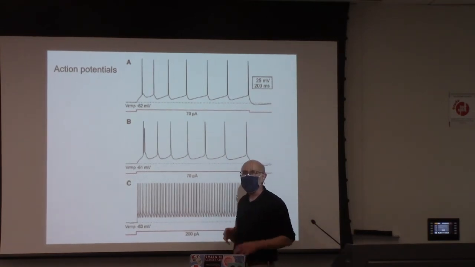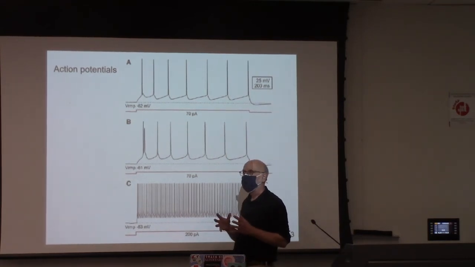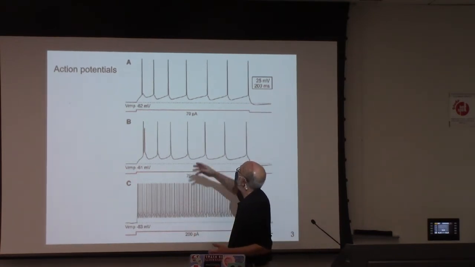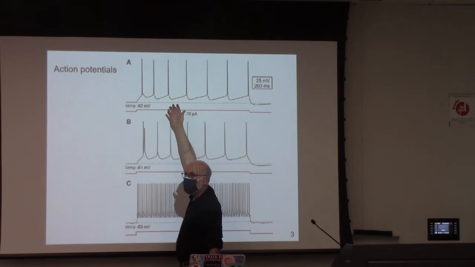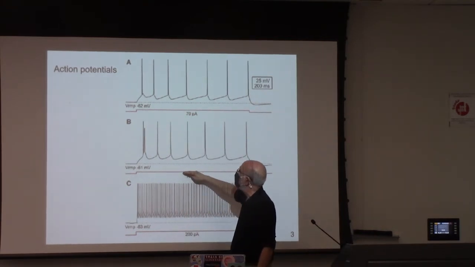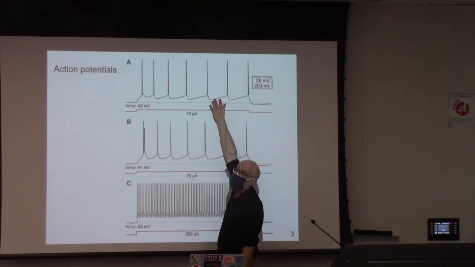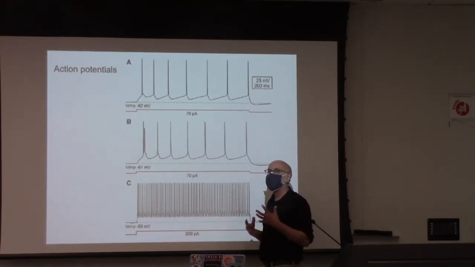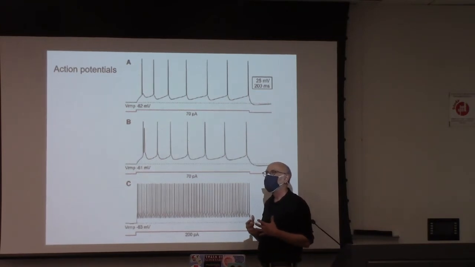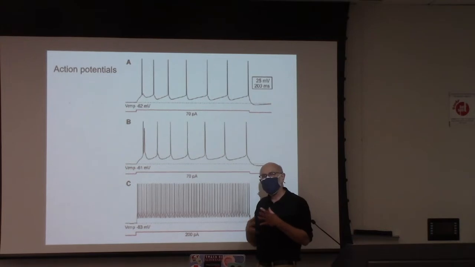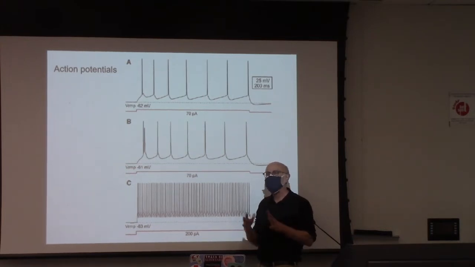Depending on the kinetics and the channel expression, we might get just one action potential or a few. Depending on the stimulus, we might get slow or fast trains of action potentials. So all of this is controlled by the number of channels and the specific kinetics of the channels in that cell.